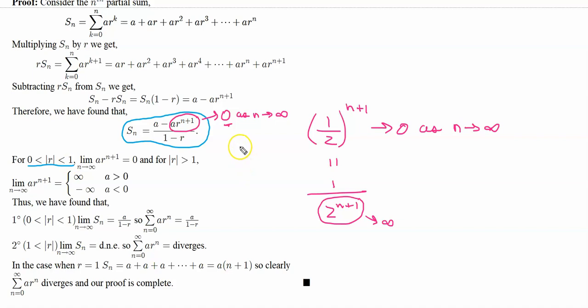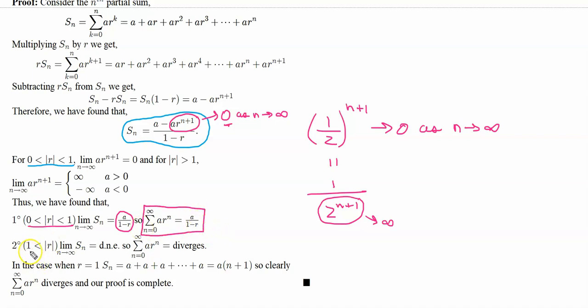So we have this result then. If r is between 0 and 1, then the limit of the S_n partial sums is going to be a divided by 1 minus r, because this term is going to 0, and we end up with this result right here. So that is what the geometric series sums to.